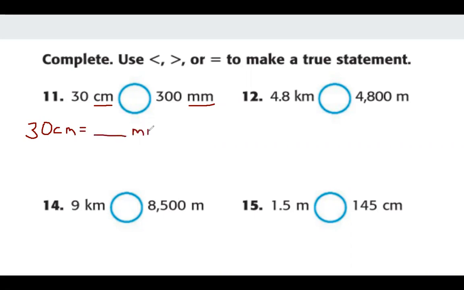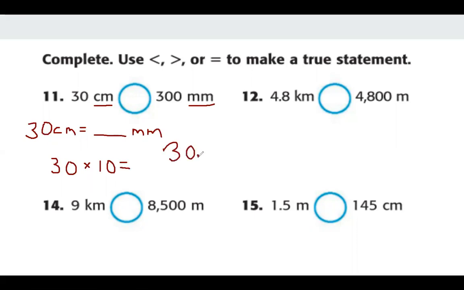I'm going to look at my chart and I can see that centimeters is bigger, which means I'm going to multiply. I'm going to multiply 30 by something, but I don't know what to multiply 30 by. I look at my chart and I see that there are 10 millimeters in 1 centimeter, which means I'm going to multiply it by 10. We can use our decimal trick. 30, my decimal's at the end.